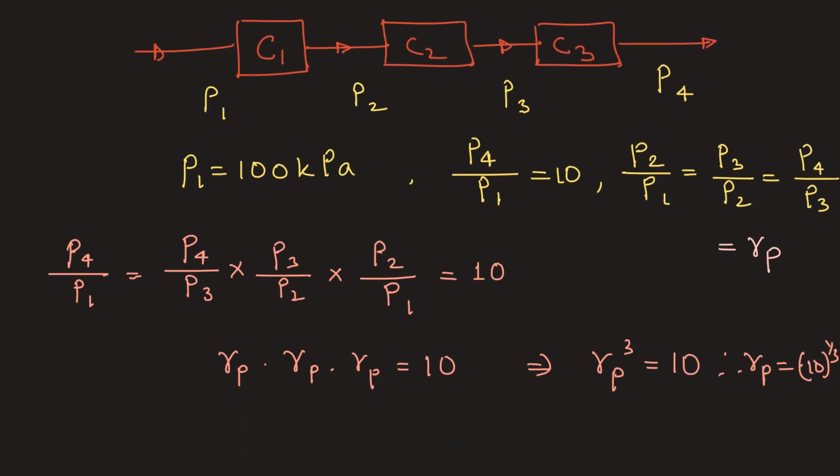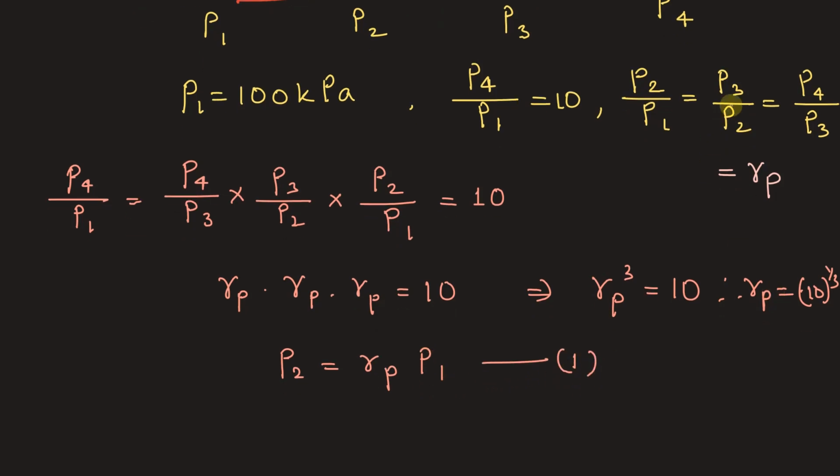Now we have assumed that P2 by P1 is equal to Rp, and Rp we have got the value. So P2 will be equal to Rp into P1, right? Let's say this is equation 1. Now for the second compressor we can write P3 is equal to Rp into P2.